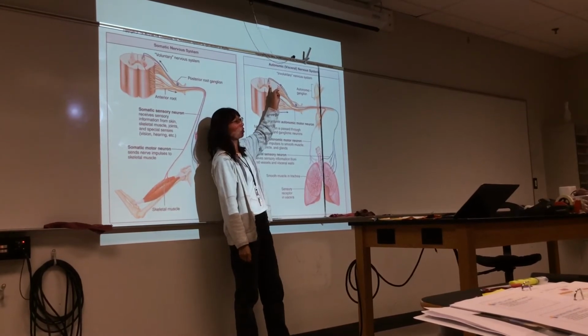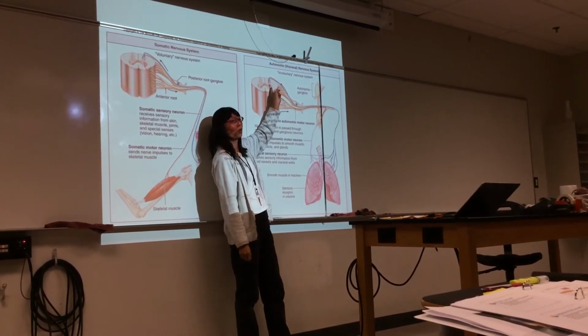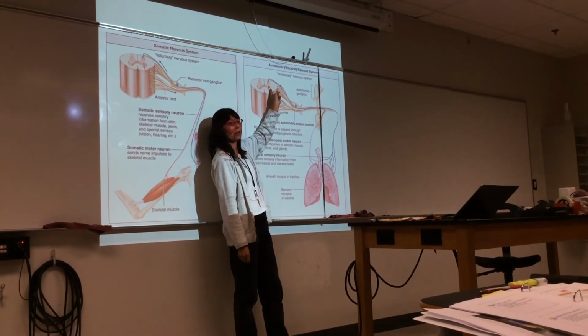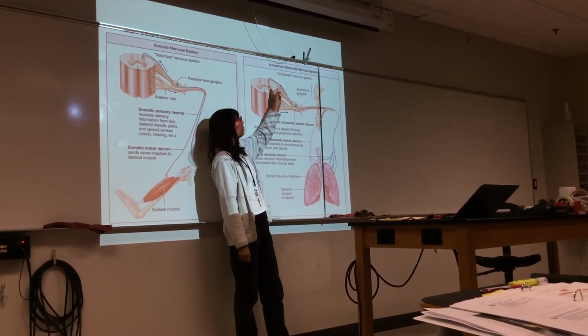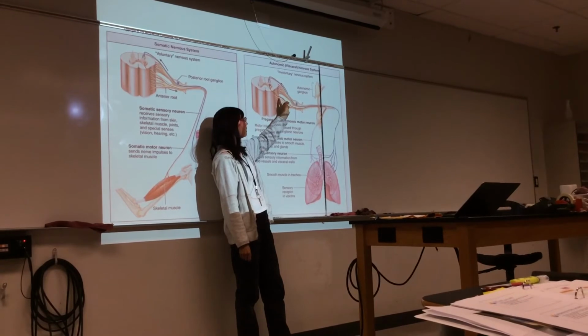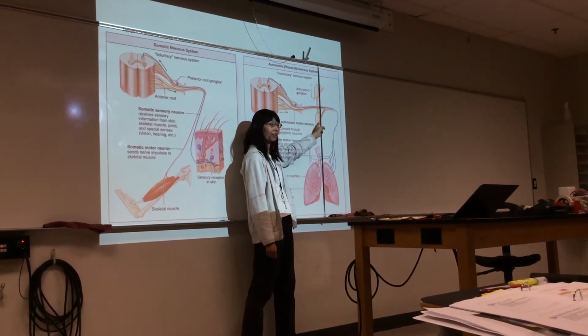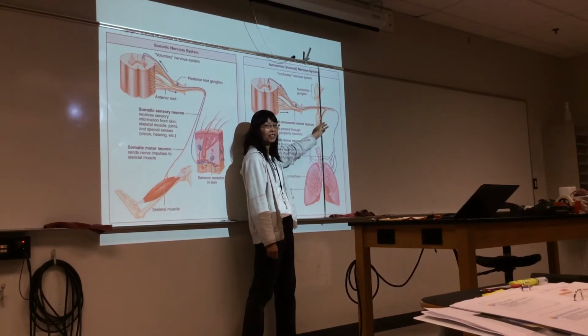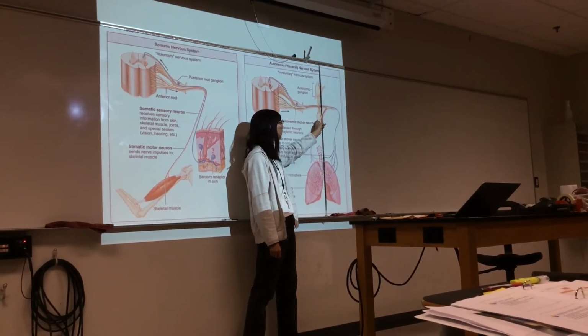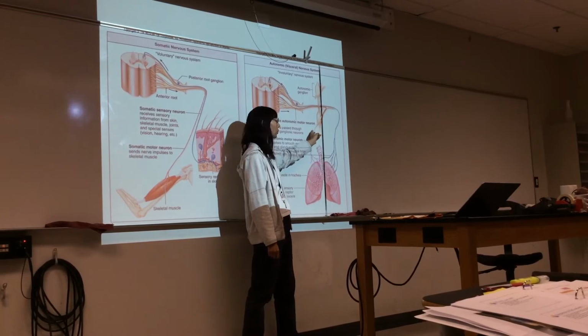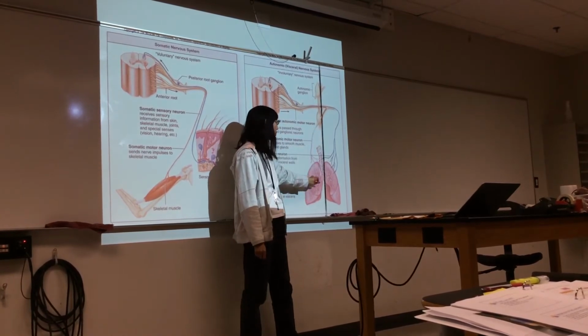Are we still anterior horn? Negative. What horn is this? Good. Lateral horn. Cell body of a motor neuron, and it comes out, but it's going to synapse right here. Agree? It has to synapse, which means you're going to have a second motor neuron before you reach your target.